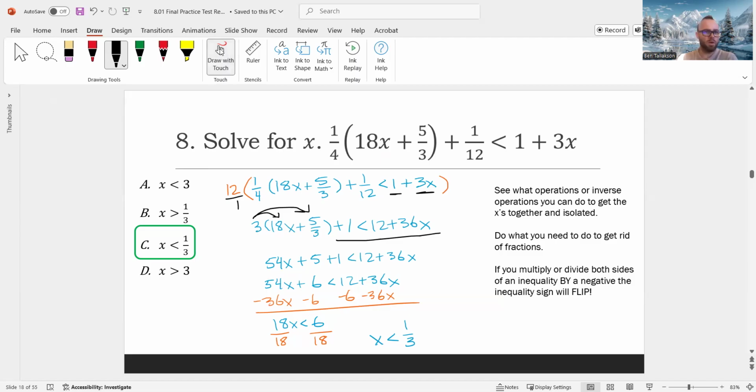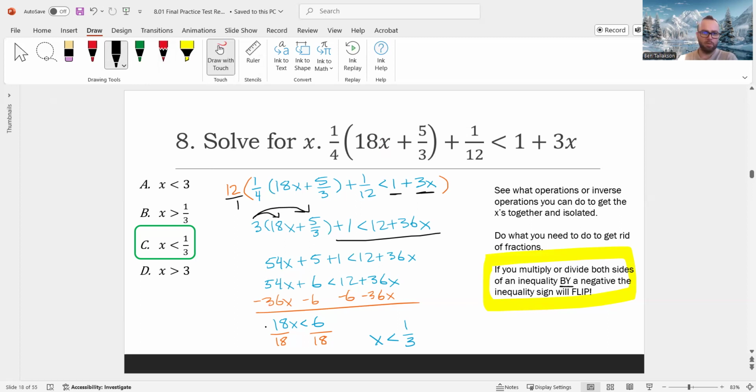Do you remember when it flips? Well, it says right here, anytime you multiply or divide both sides by a negative, you're going to flip that inequality. Didn't happen here, but let's just prepare you for any situation. It's saying by a negative.